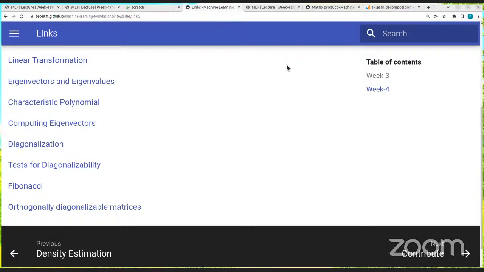Sir, you mentioned at one instance that you need to learn NumPy. So can you please suggest some sources where we can start learning NumPy? I know very basic Python, and that's it.